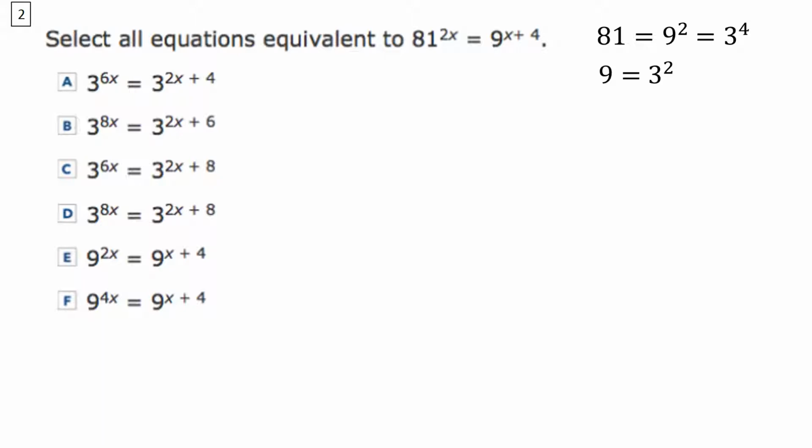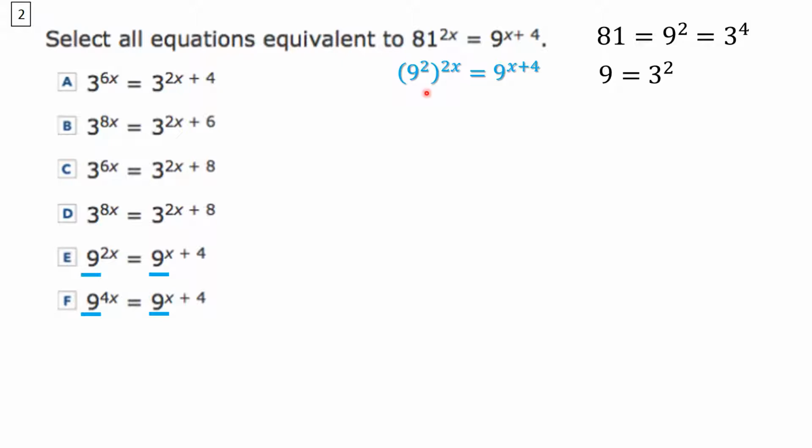If you look at the last two answers, everything's got a base of 9. Well, the right side already has a base of 9. This left side, we can change it to be a base of 9 because we know 81 is equal to 9 squared. So we can make that 9 squared to the 2x equals 9 to the x plus 4.